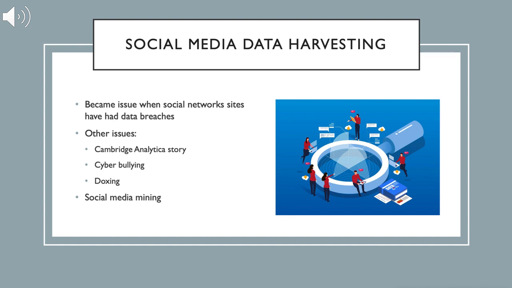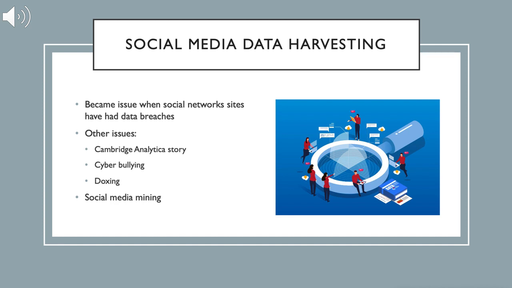Doxing is searching for and publishing private or identifying information about a particular person online, typically with malicious intent. Cyberbullying, as most people know, is using electronic communication to bully a person. It can be connected to doxing as it uses the information of particular persons to expose them.